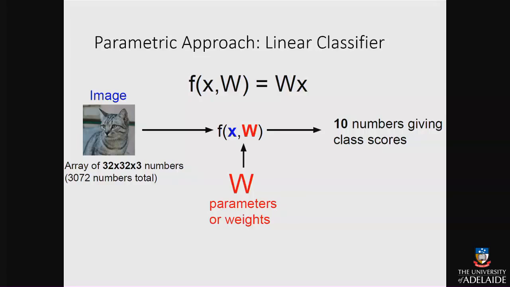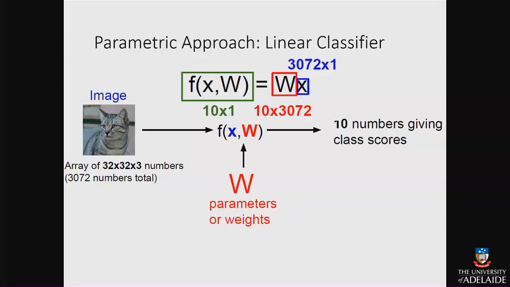In this case, the size of x will be 3072 by 1, because it's 32 by 32 by 3. If we stretch this image into a single long vector, there will be 3072 numbers in total. So the dimension of x is 3072.